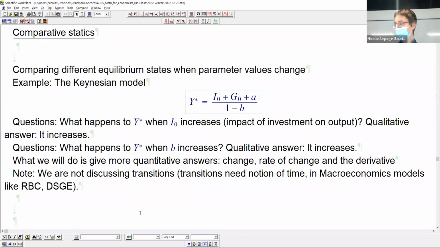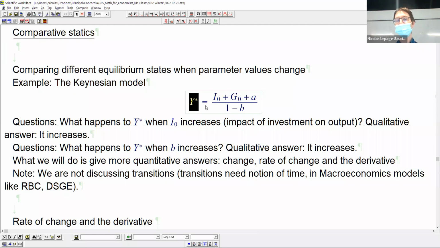So what is, first of all, the rate of change, and the derivative? Well, the change: imagine that I0 was 1 and then it's 2. What would y star be in case it's 1, and in case it's 2?